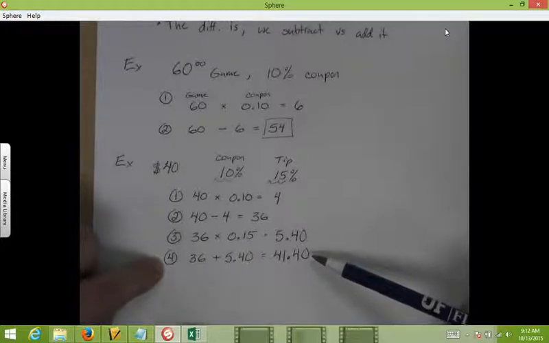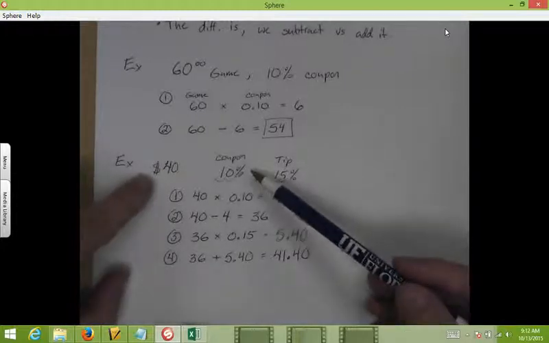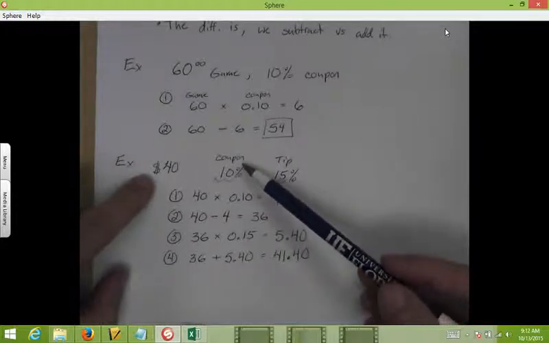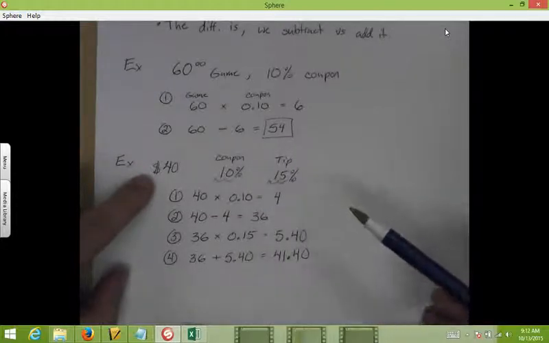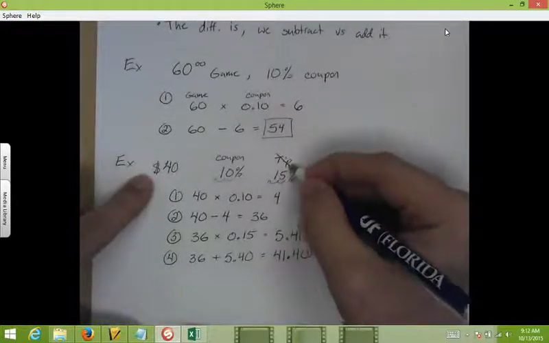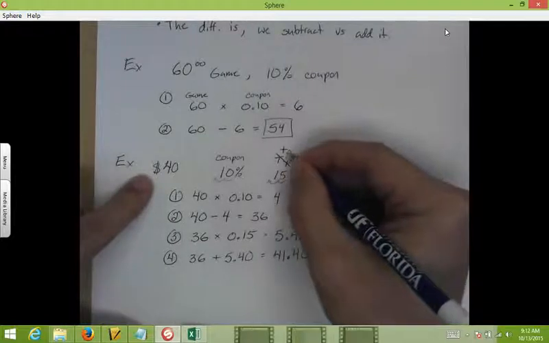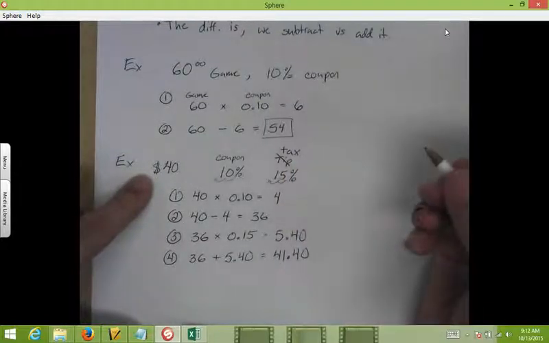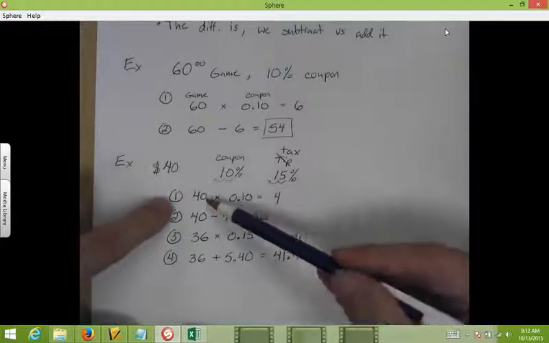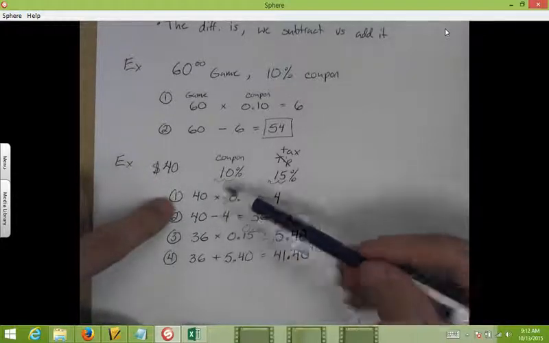Now, if instead of going out to dinner, you were making a purchase in a store and you had a coupon and you were paying tax, you find it the same way. Watch. If instead of calling this tip, suppose I said this was tax. Again, you would take the price of the product, pretend it's a video game.